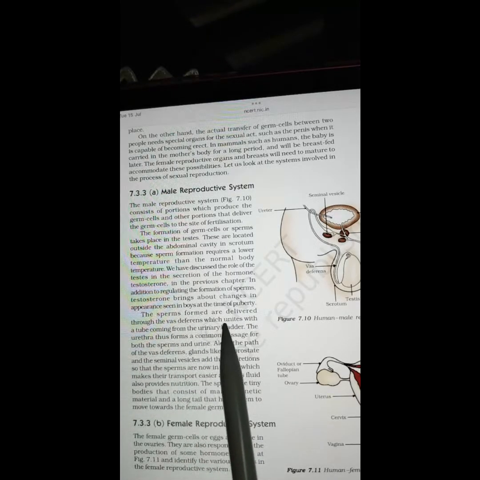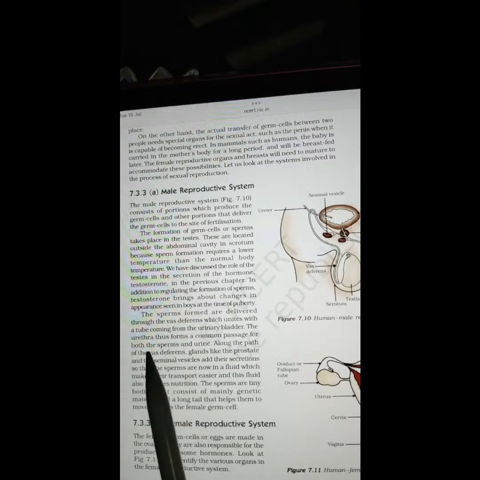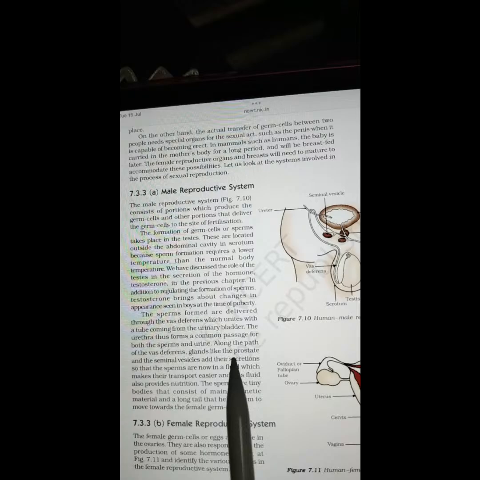The sperms formed are delivered through the vas deferens, which unites with a tube coming from the urinary bladder. The urethra thus forms a common passage for both the sperms and urine. Along the path of the vas deferens, glands like prostate gland and the seminal vesicles add their secretion so that the sperms are now in a fluid, which makes their transport easier, and this fluid also provides nutrition.